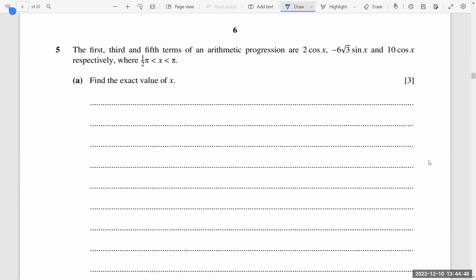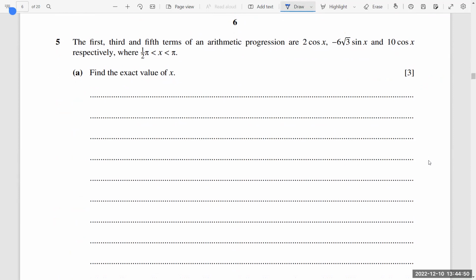Okay, next question, number 5. The first, third, and fifth terms of an arithmetic progression are 2 cosine x, the first term; the second term, I don't know, no problem; the third, negative 6 radical 3 sine x; the fourth term, I don't know; and the fifth term is 10 cosine x, respectively.